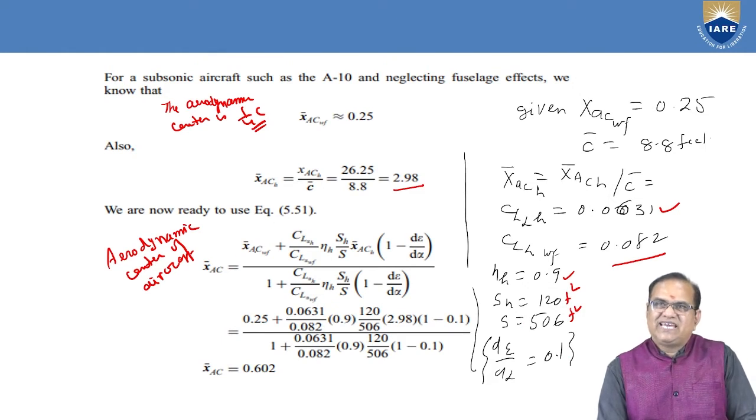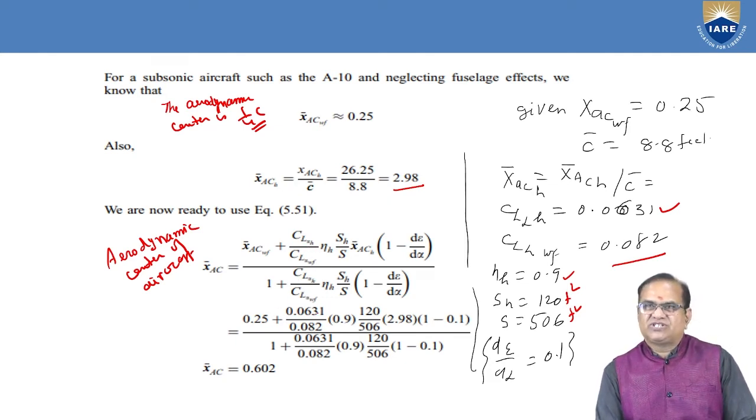Putting in the values, X bar ACWF wing fuselage is 0.25 plus CL alpha H 0.0631, which we have just found, and CL alpha wing fuselage is 0.082 here. Eta H is given as 0.9. The area of the horizontal tail is 120 divided by 506, the area of the wing.